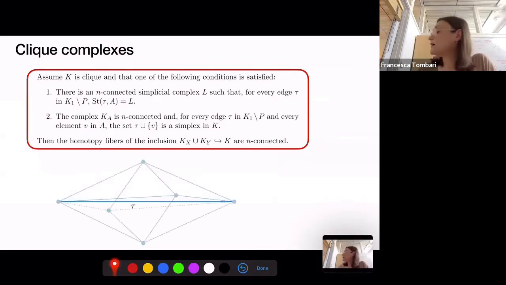Let's see it with a picture. This is meant to be a clique complex, so I just draw the one skeleton. However, you should think of it as all filled in.